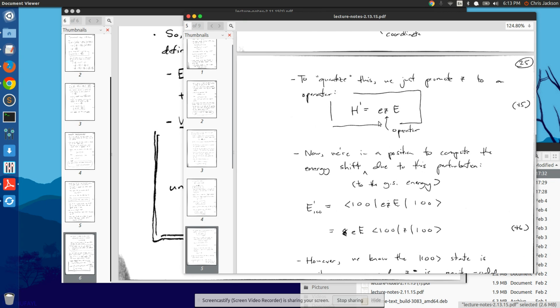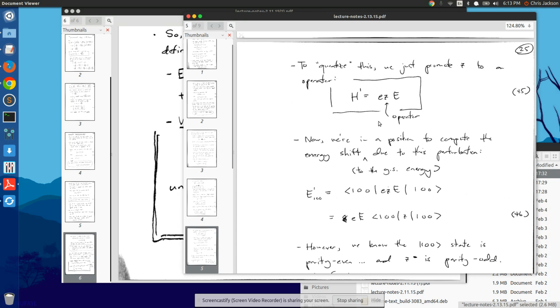So let's get back now to computing the corrections from perturbation theory. What we want to compute is the corrections to the ground state energy of putting this atom in an electric field. We start at first order.